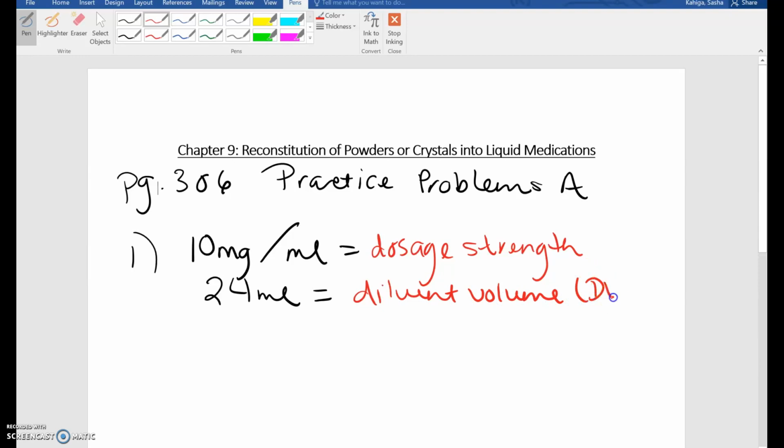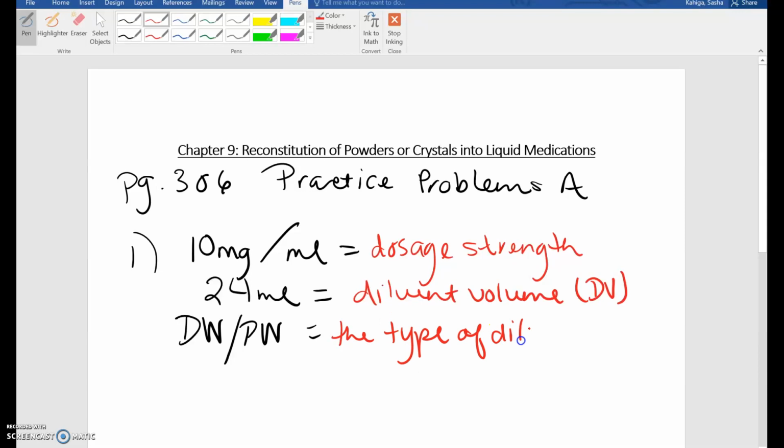So in parentheses, I'm going to put DV. You'll see why this is very important. Also, it says distilled water or purified water, so I'm going to put DW for distilled water or PW for purified water. In detail, that is the type of diluent you must add.